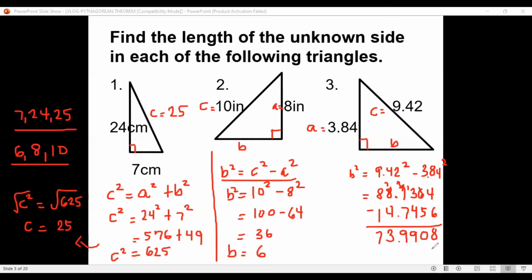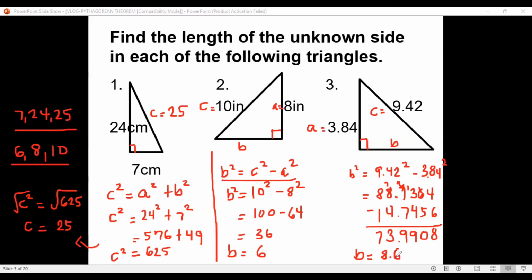I actually have one video here where you could find the square root of numbers. So you can use that, or you can just calculate making use of your scientific calculator. So the answer that we are getting here is 8.60.